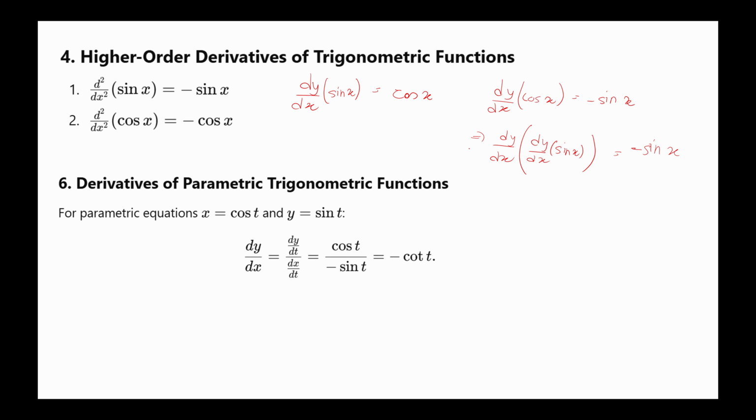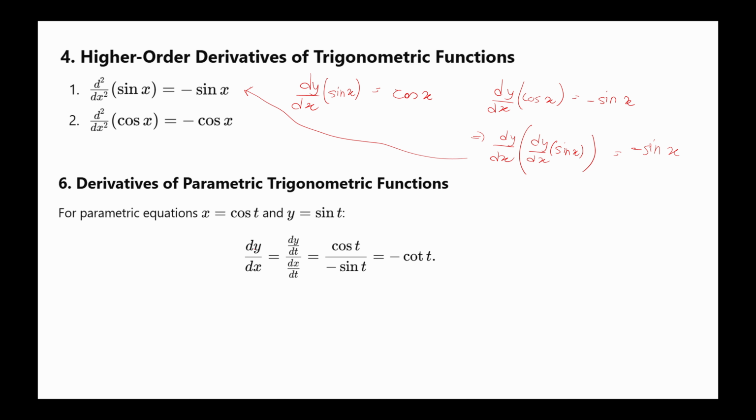So this entire function can be written as d2y by dx square, and here y is my sine x, so this would become minus sine x. Nothing much here, you simply differentiate your function twice or thrice, whatever the order of the derivative that has been given.